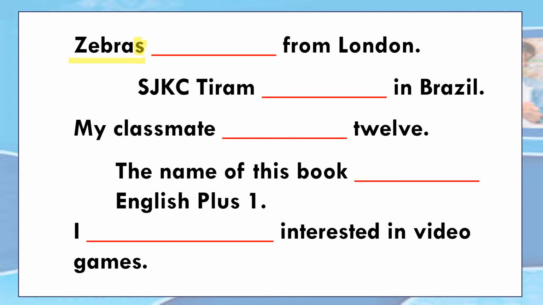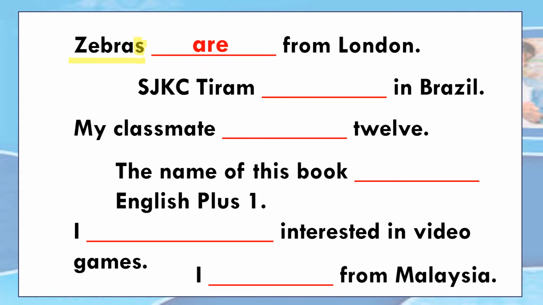So zebras here means there are more than one. So if there's more than one, we use the pronoun are. Zebras are from London. I mean, the zebras came from London. The real zebras in the wild, it came from Africa.